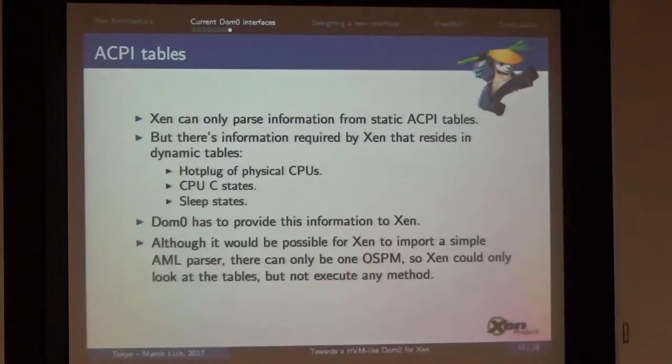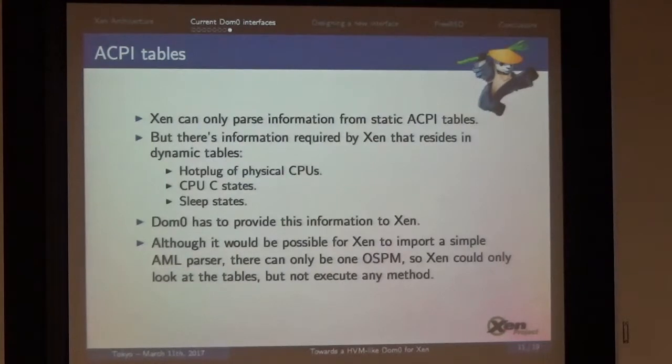And another option that we have considered, and we are maybe still considering, is to import an AML parser into Xen. I know that the OpenBSD guys have an AML parser that's not very big, it's maybe 4,000 lines of code, and I think it should be able to decode all this information.